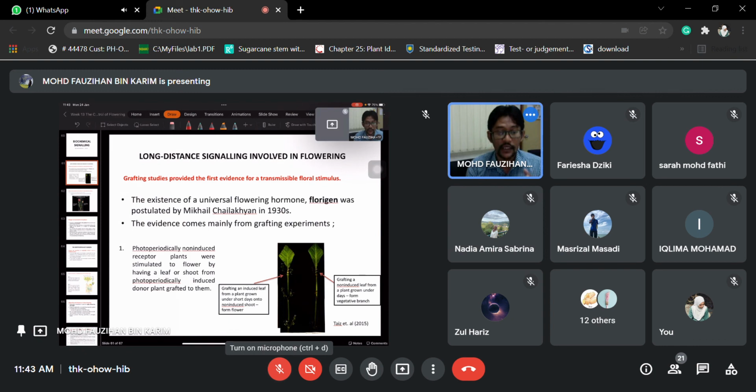For example, kalau yang betul-betul physical reason adalah the changes of the phytochrome. So maknanya kalau you bagi far red light, dia akan change to red light and then vice versa, right? Tapi the explanation behind that probably because of the energy, right?